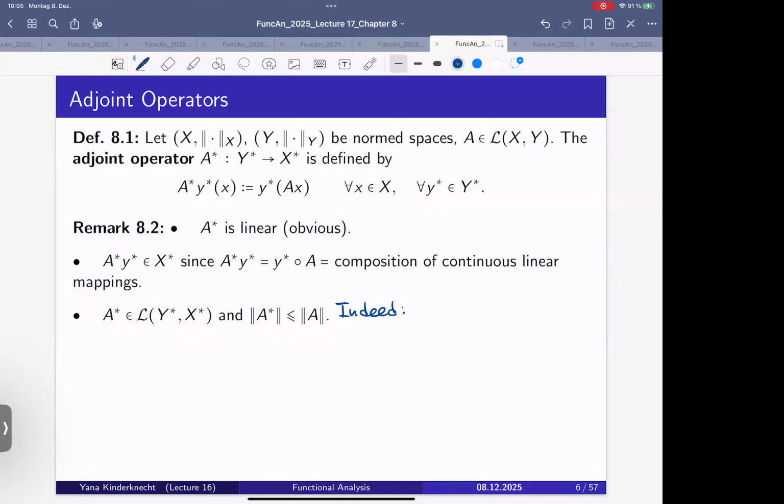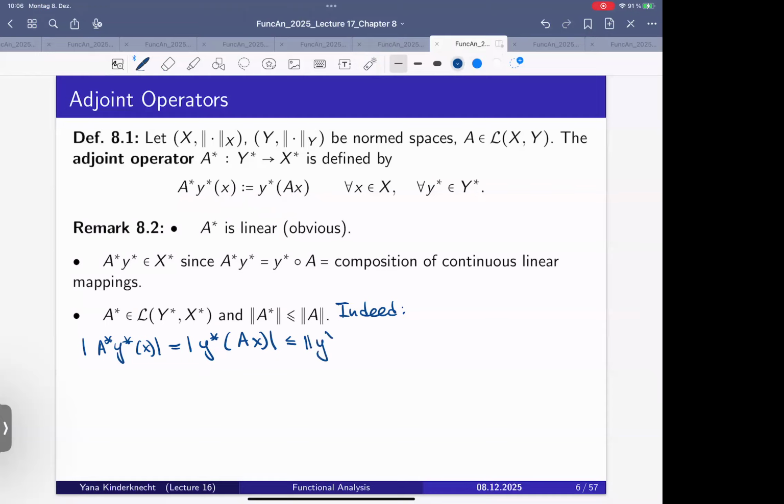What is the absolute value of A star Y star evaluated at the point X? By this formula, we know that this is as in the right-hand side, so the absolute value of Y star at the point AX. But Y star is a continuous linear functional, so we know the following standard estimate, which we have used many times during the lecture.